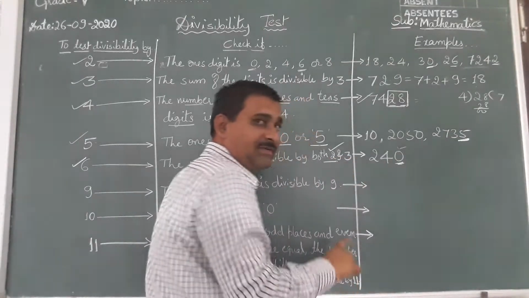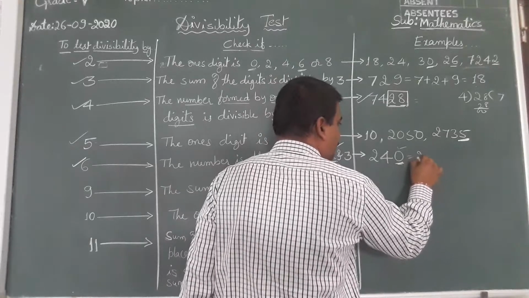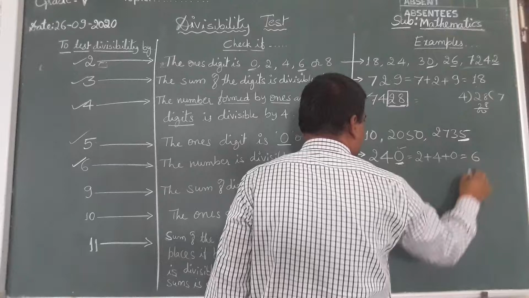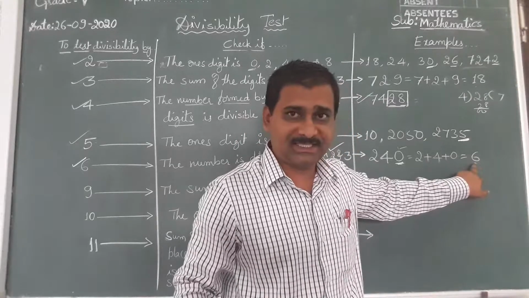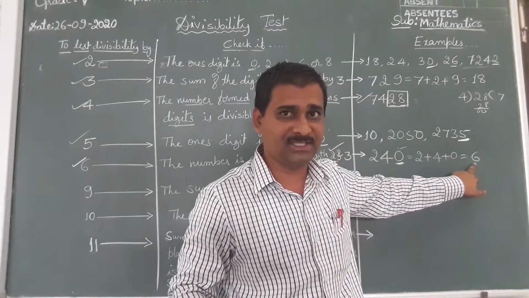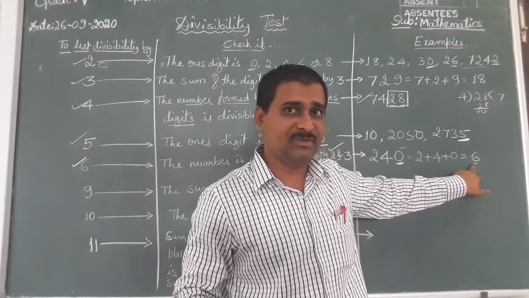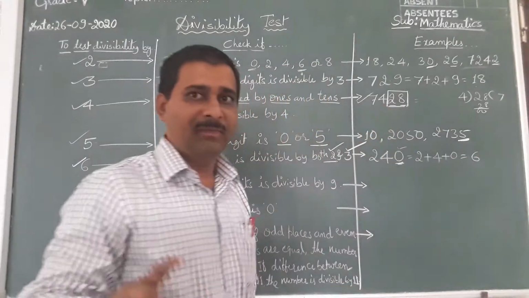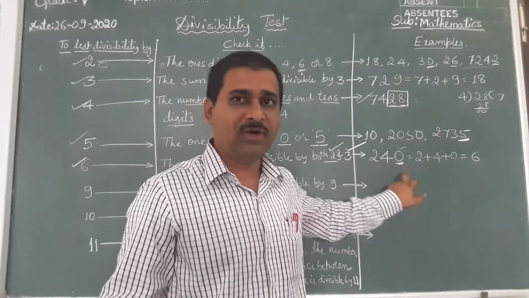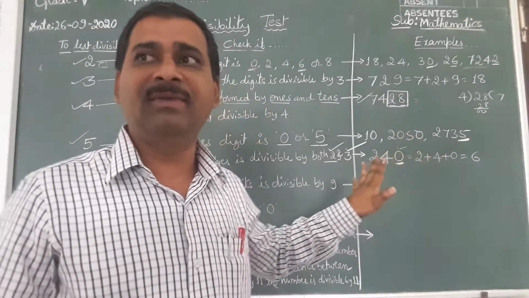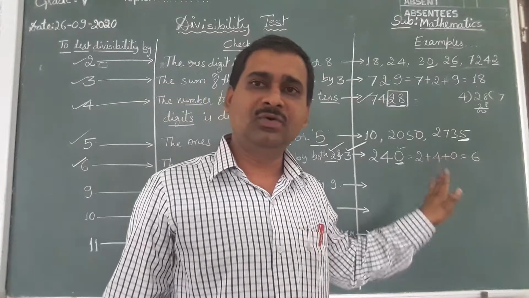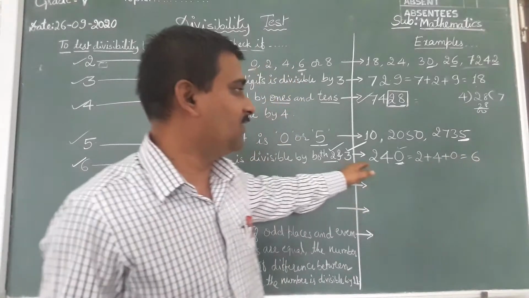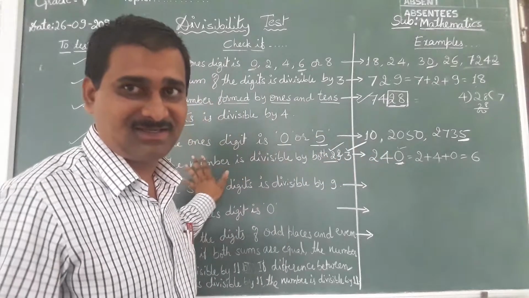Now let us check divisibility by 3. 2 plus 4 plus 0 is 6. This sum 6 is divisible by 3, no? 3 twos are 6. 6 is divisible by 3. Therefore, this number is divisible by 3 also. Means 240 is divisible by both 2 and 3. So that's why this 240 is divisible by 6.